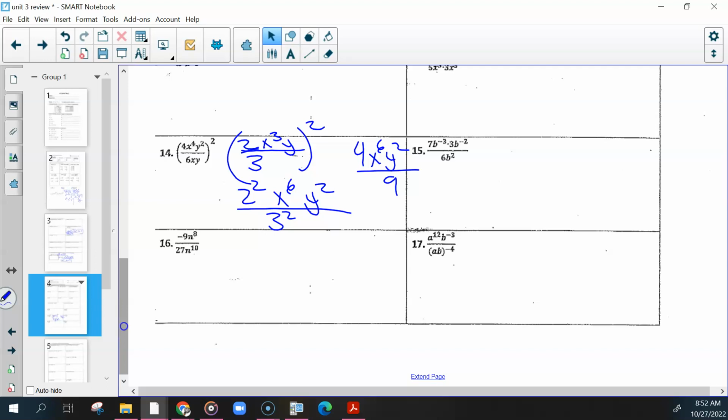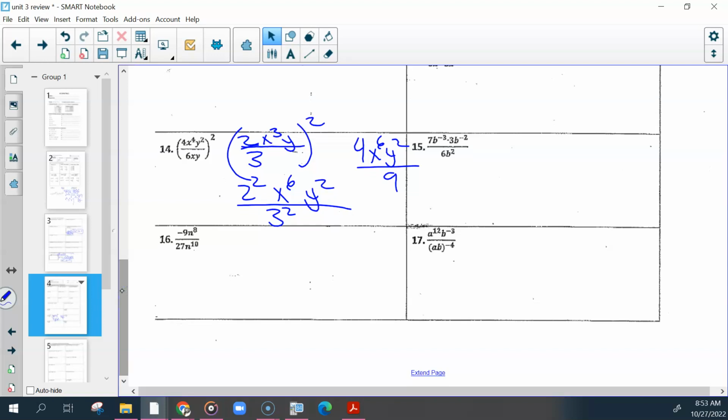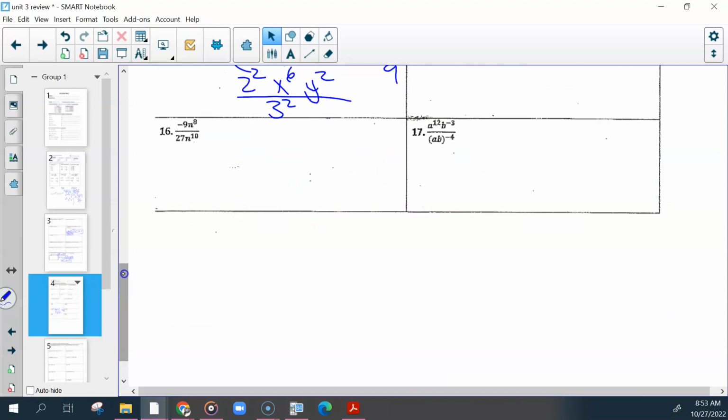Other questions? Regina. On the same page. So this is similar to the other one we just did, where you can either flip this up or deal with this negative exponent first.